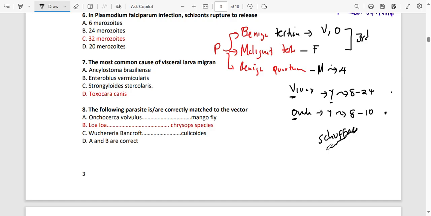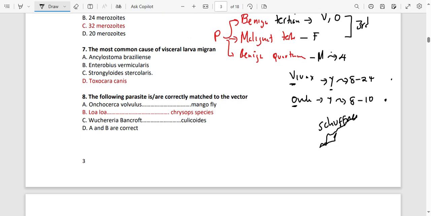And then for malariae, it infects old cells, and it shows 6 to 12 merozoites. It's actually also a small number. So we can see that Plasmodium falciparum has 32 merozoites. You know that falciparum malaria is very bad. It can cause recrudescence even after 40 years. That's very bad. Okay.